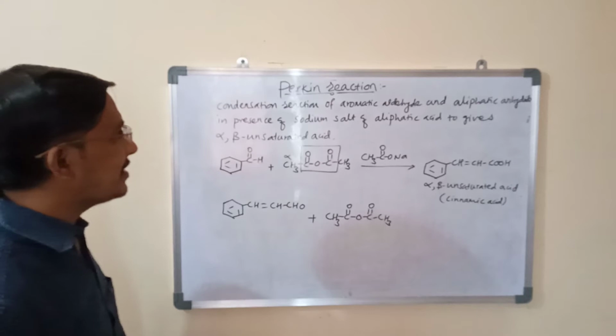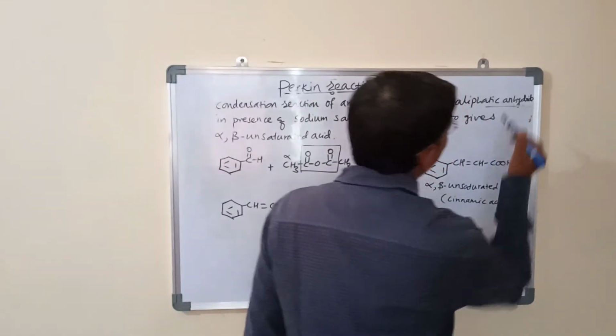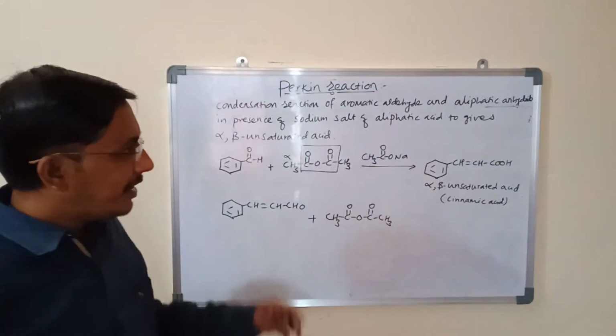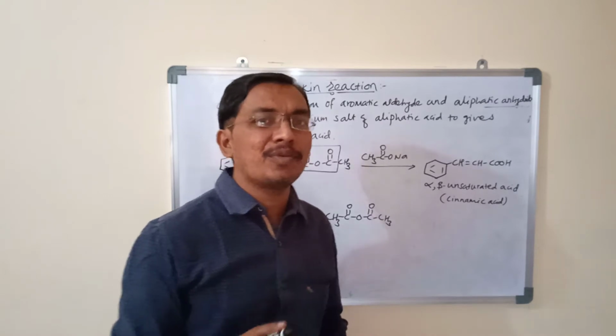The necessary condition is that the anhydride must contain at least 2 alpha hydrogen atoms. If it contains more than 2 that is okay, but it must contain at least 2.